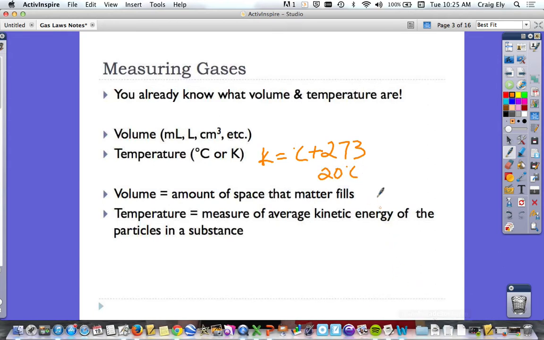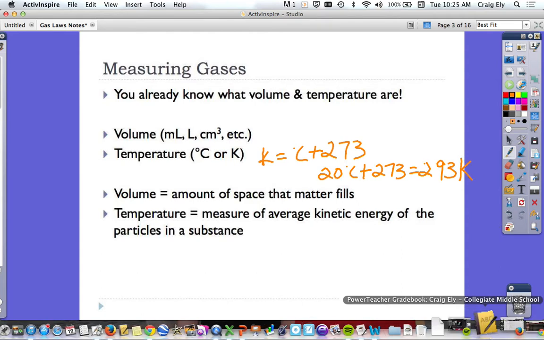To turn that into Kelvin, we would add 273 and get 293, and our unit of measurement would be Kelvin. Notice that I did not say 293 degrees Kelvin, it's just Kelvin. So degrees Celsius plus 273 gets you to Kelvin, and if you had to convert from Kelvin back to Celsius, you take your Kelvin number and subtract 273 to get your degrees Celsius.